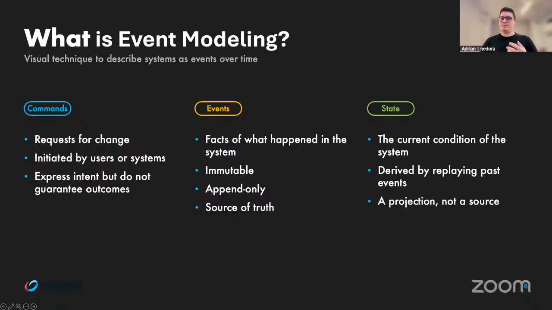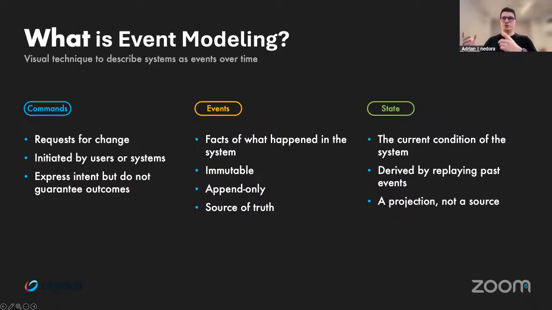It uses timelines, commands, events, and read models, and it's explicitly designed to align business and technical views, like I mentioned. You can build it on the wall with sticky notes, but you can also use tools like Miro, which you will see in a few slides. And you can have both the developers and the business stakeholders in the same room to understand it.